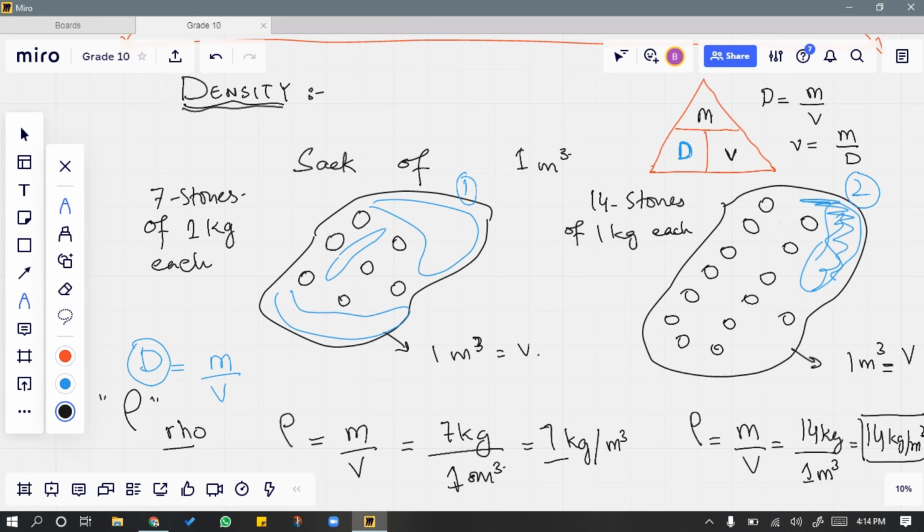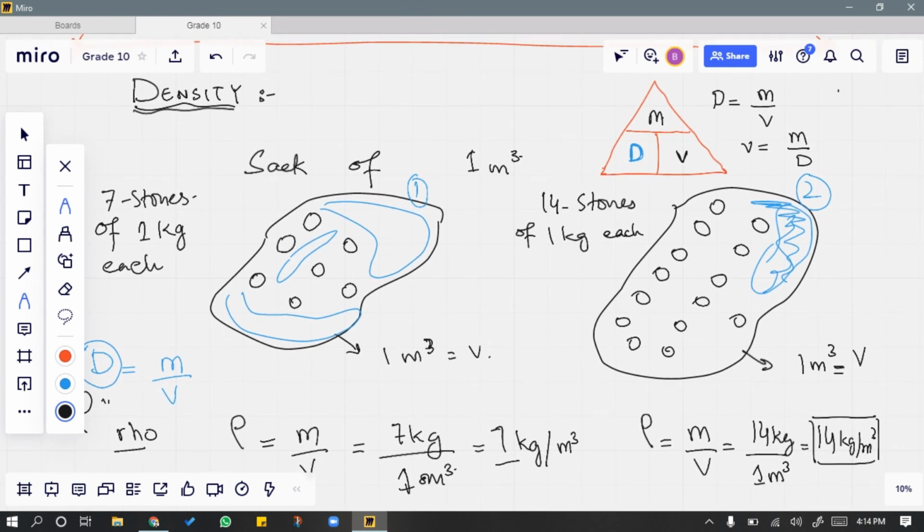Similarly, if someone asks you about mass, mass is on the upper side, so you put equals and see on the other side of the mass, density and volume are in front of each other, so you put density times volume. All three formulas can be deduced from this simple triangle.